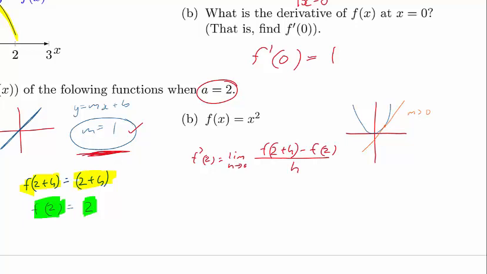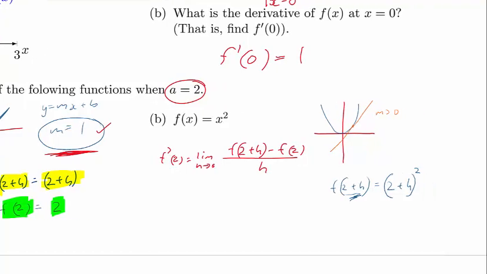And let's do a little scratch work to figure out what these two guys are. f of 2 plus h equals 2 plus h squared, right? Again, everywhere we see x, we replace it with this term right here. All right, so let's go ahead and expand that term out.